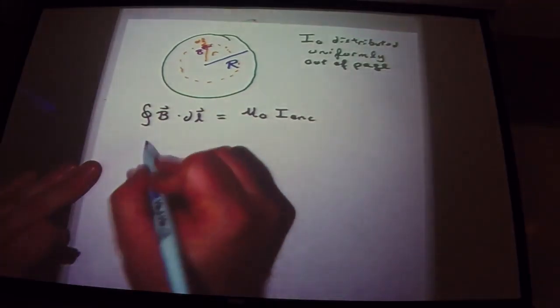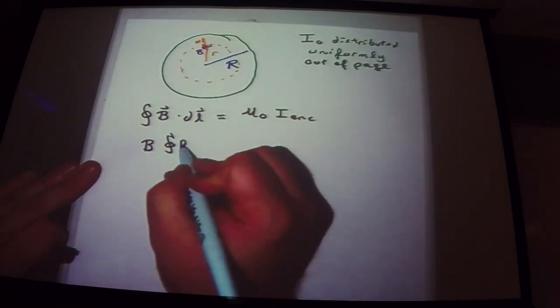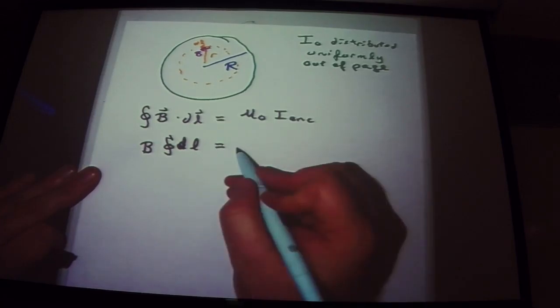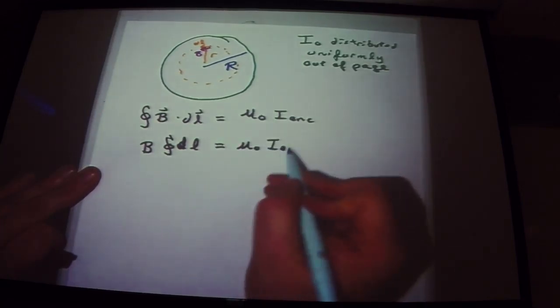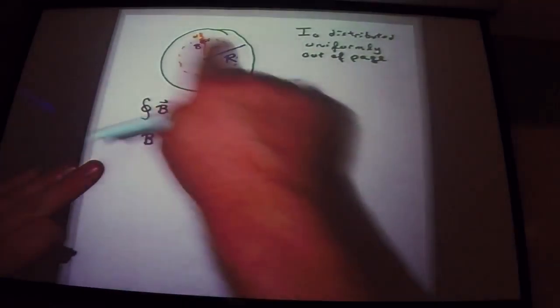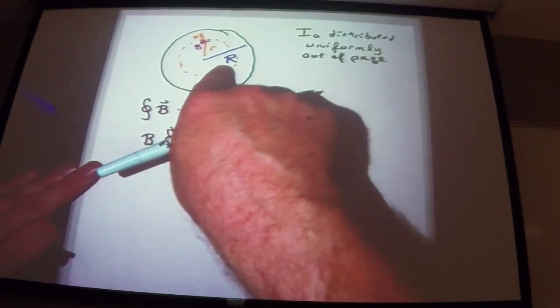The dot product is 1, and so in this case I just get an integral over my dl. The integral over dl is just the circumference of that circle, which is 2 pi r.